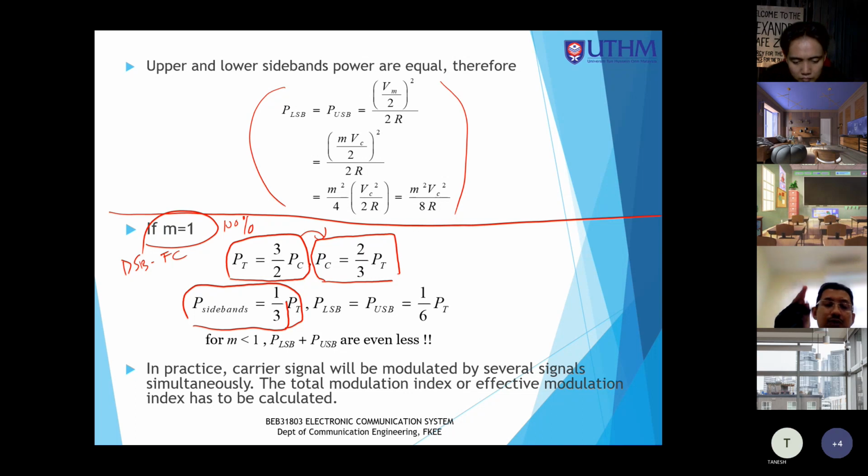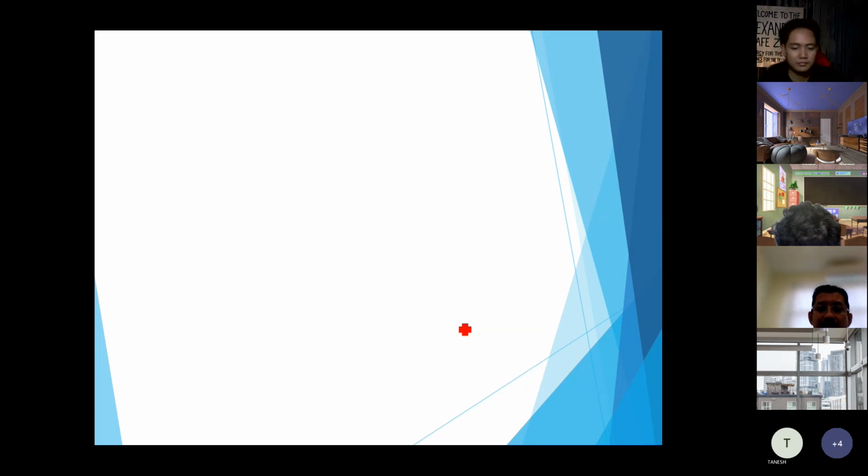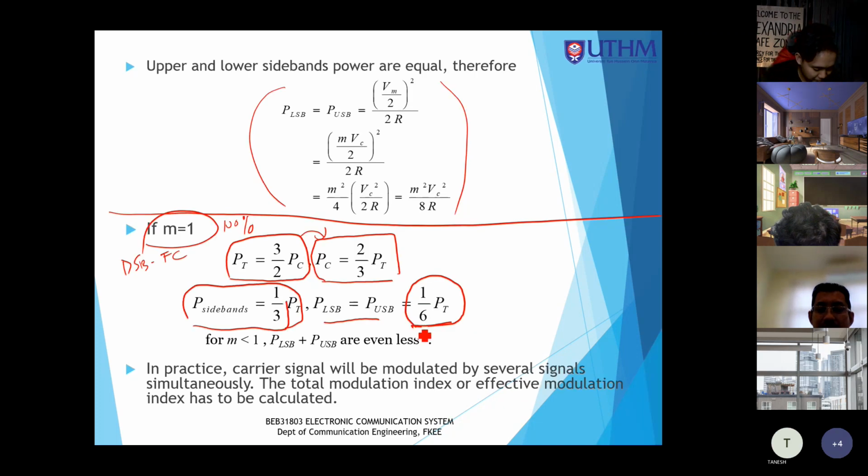Oleh itu, since power of the lower sideband is equal to the power of the upper sideband, so maknanya setiap sideband itu mempunyai power sebanyak 1/6. Kita bahagi 2 je. 1/3 bahagi 2 dapat 1/6. Okay, 1/3 divide with 2, so you akan dapat 1/6. So setiap sideband dia punya power adalah 1/6 daripada total power, which is very small.